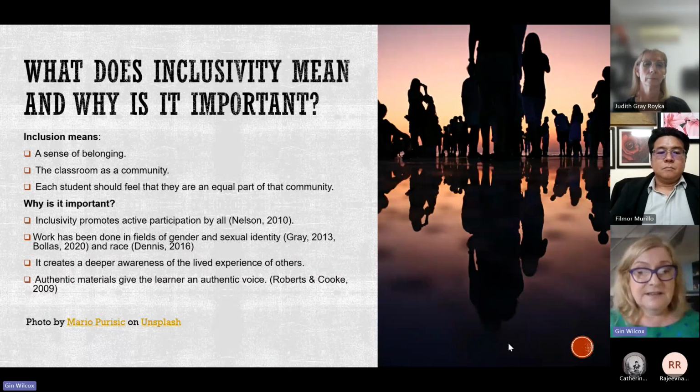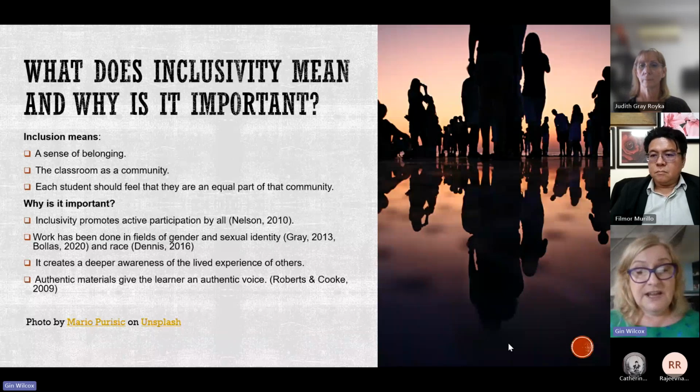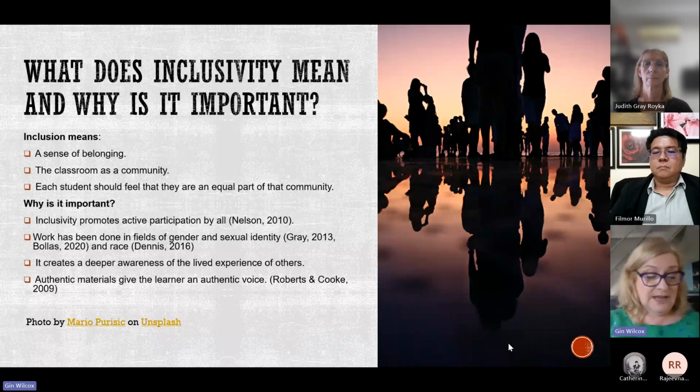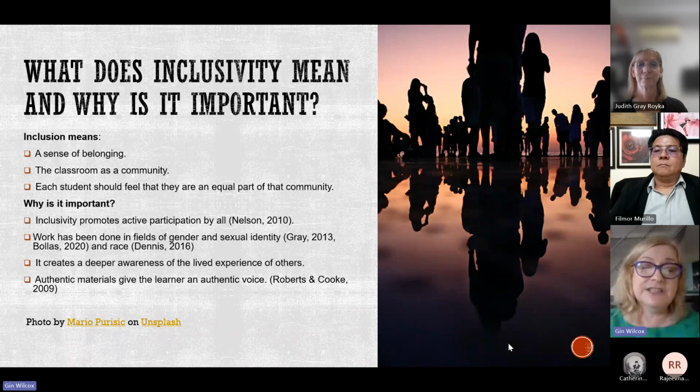Authentic materials, as Robertson Cook have found, give the learner a more authentic voice. So if we're going to give students the chance to express their own ideas, we need to encourage these authentic materials.